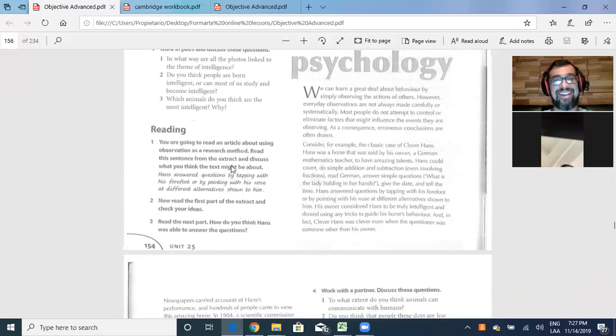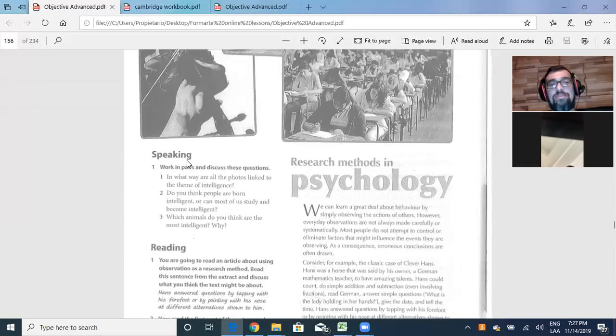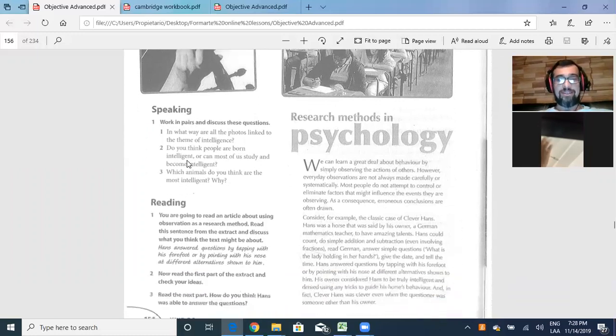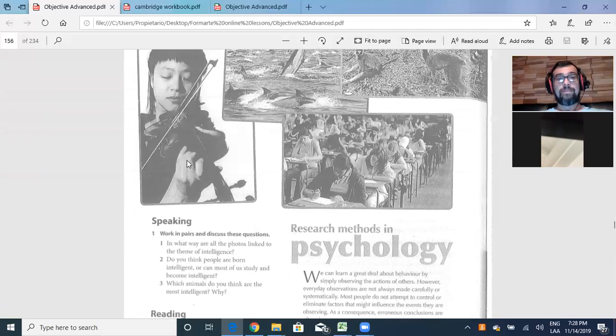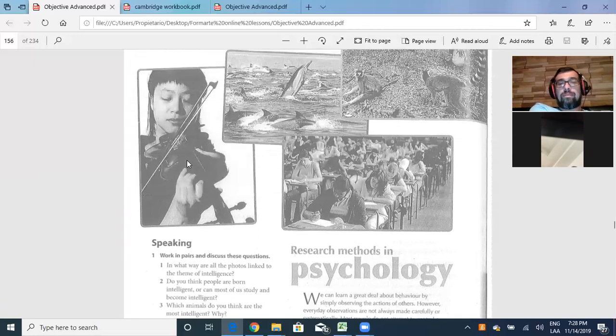Okay. But again, it's good for us to know a little bit of everything, because we don't know which question they're going to ask us in the test, right? So it's very important for us to know all these details. For example, this one, which animals do you think are the most intelligent and why? Well, it's my opinion at the end.